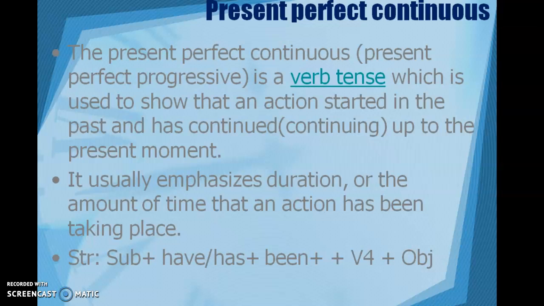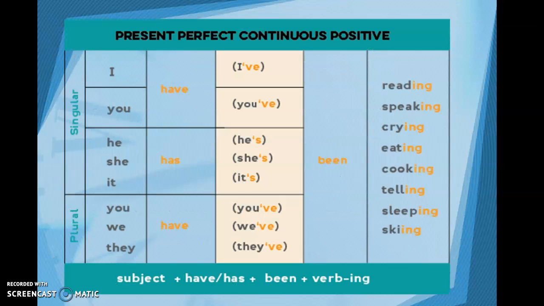In this case, the word for is used to denote a period of time. And both the sentences are in the present perfect continuous tense. So this is how an action can be used in the present perfect continuous tense.